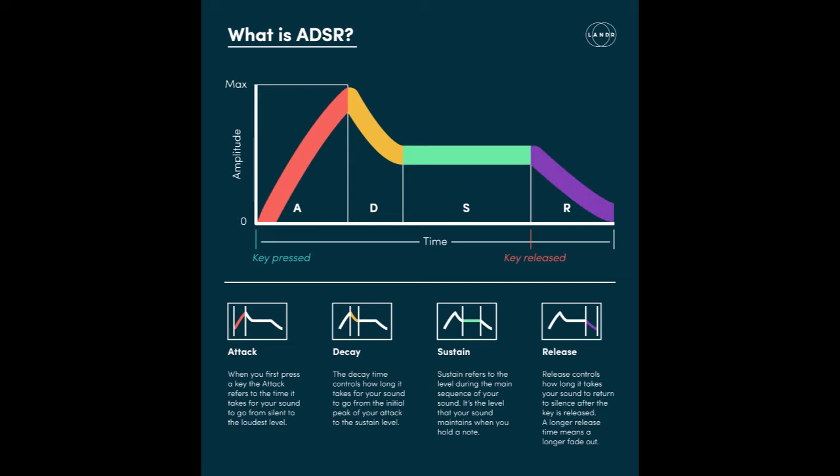That's decay. Sustain is how long the note will sound, how long you hold it. And release, on the other hand, is the time it takes for the note to go off. When you release the key, how long does it take for that note to go silent?